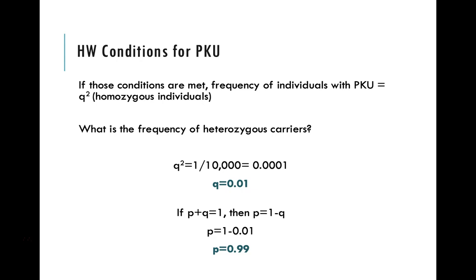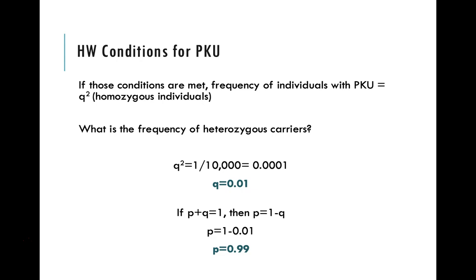The frequency of homozygous individuals is going to be equal to the frequency in the population, because remember, q squared is a genotype frequency, and the individuals who have the recessive trait are going to be the homozygous recessive individuals.